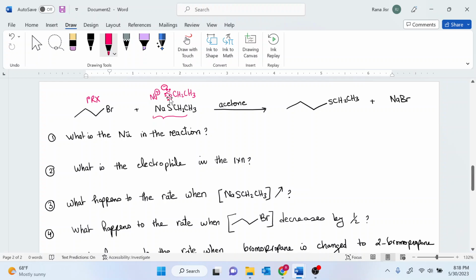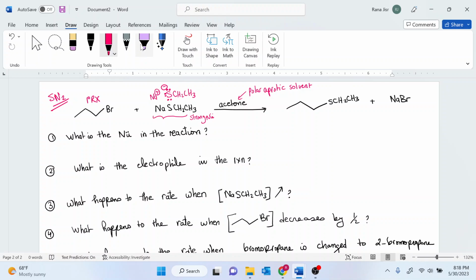So this is going to be my nucleophile. It is strong because it is a negative charge. So this is going to be my strong nucleophile. And acetone is a polar aprotic solvent. So all of these conditions satisfy the SN2 reaction.